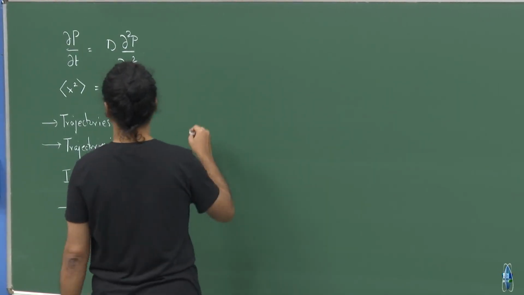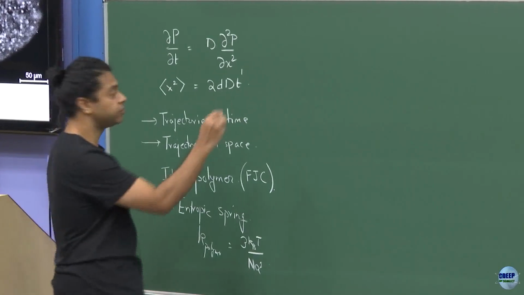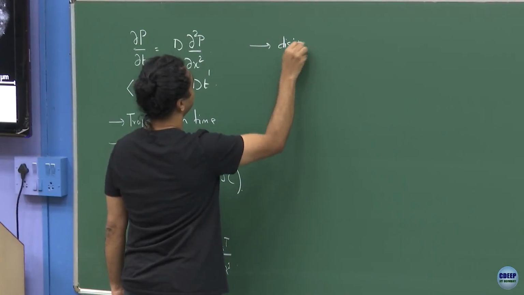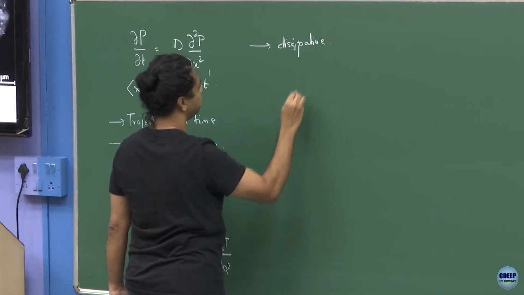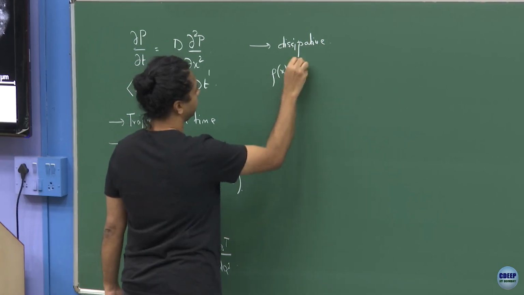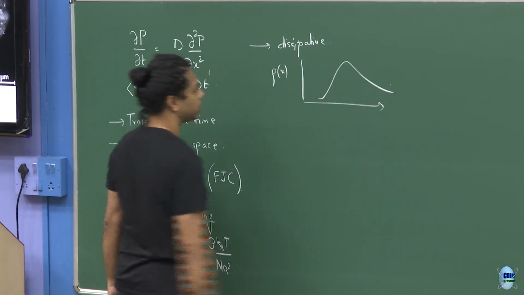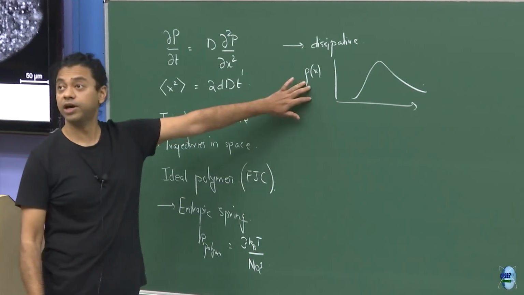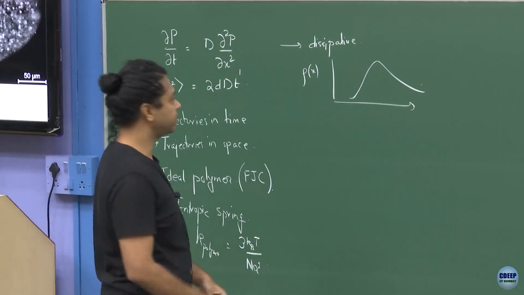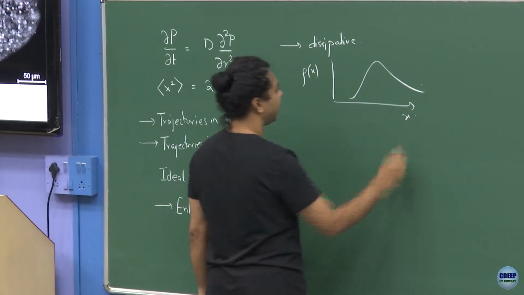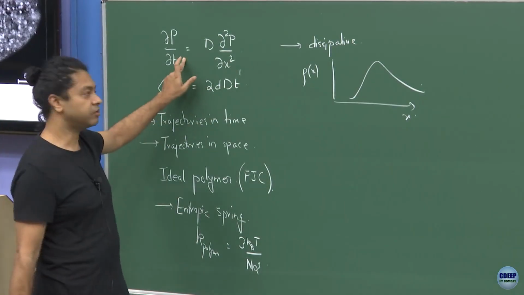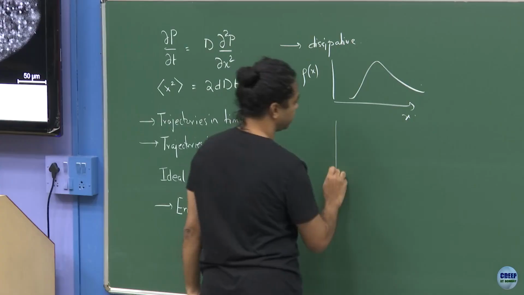So one of the things is, of course, that the diffusion equation is essentially dissipative. Which means that if you start with some ρ(x) like this, a concentration profile or a density profile or a probability density, whatever, as a function of x, and this evolves in time according to the diffusion equation, if you waited long enough, you would get something homogeneous, right?